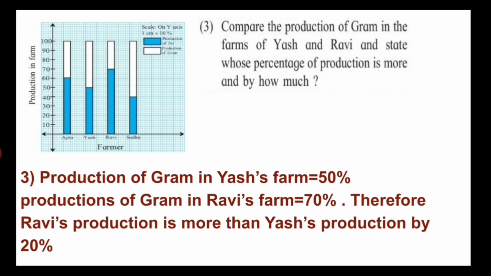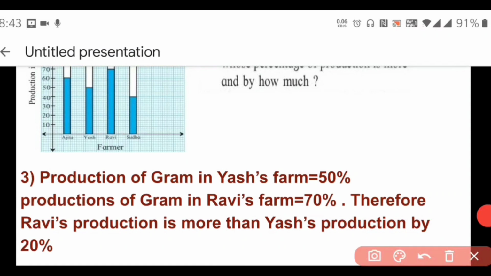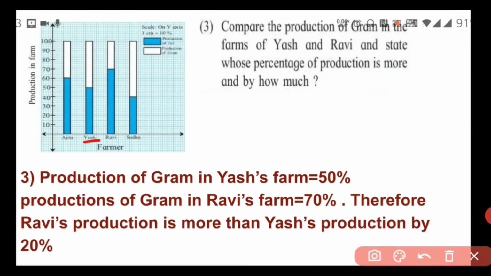Question number 3: compare the production of gram in the farms of Yash and Ravi and state whose percentage of production is more and by how much. So we have to compare the percentage of gram in Yash's and Ravi's farms. The second bar is for Yash and the third bar is for Ravi.